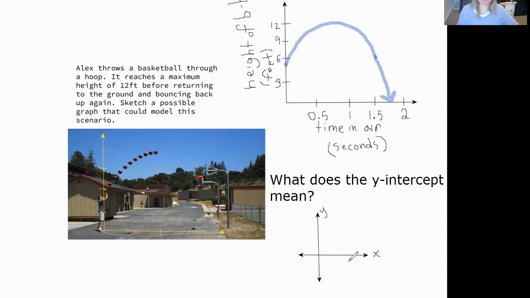On a graph, the horizontal axis is called the x-axis, and the vertical axis is called the y-axis. If we draw a relationship, it's that point where that relationship crosses the y-axis that is the y-intercept.